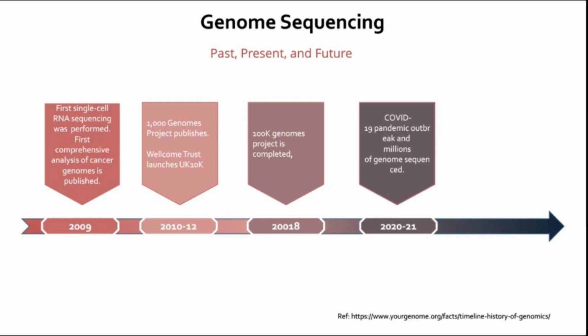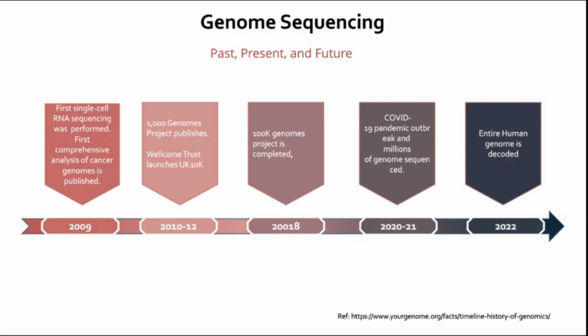By 2020 or 21, everything was well set up. I wouldn't say well set up, but the technologies were well developed and things were happening. So we have multiple COVID-19 genomes available in the different databases, since that was the outbreak. Now I put in one more milestone from last year: the entire human genome was decoded.